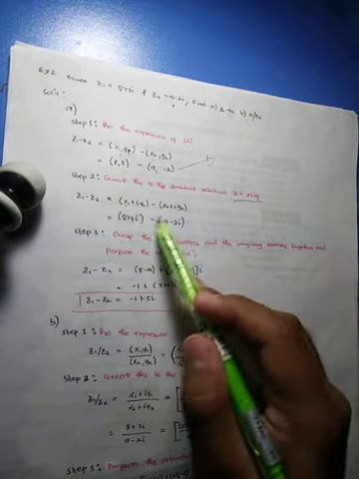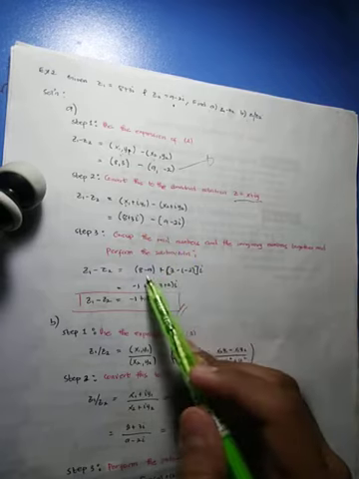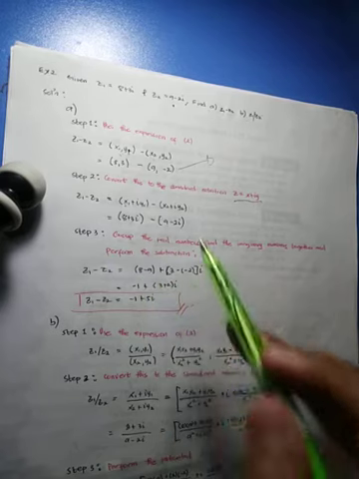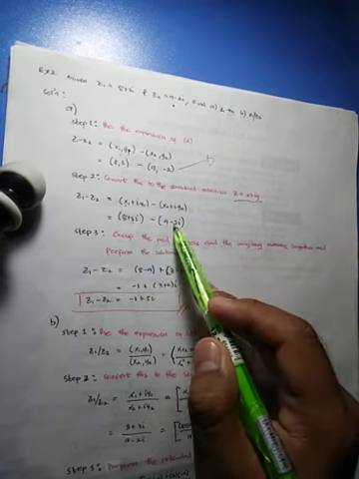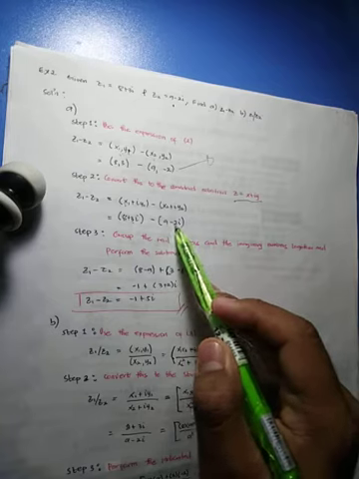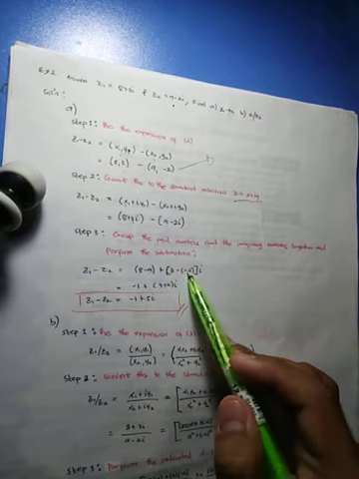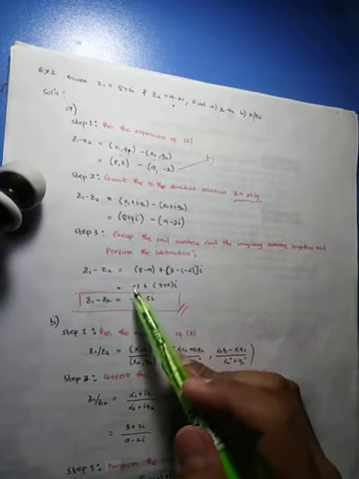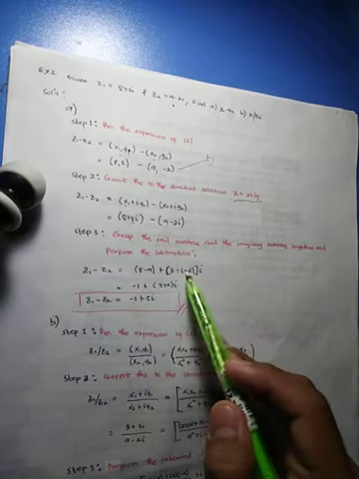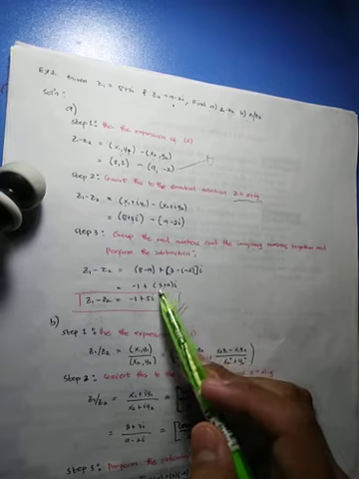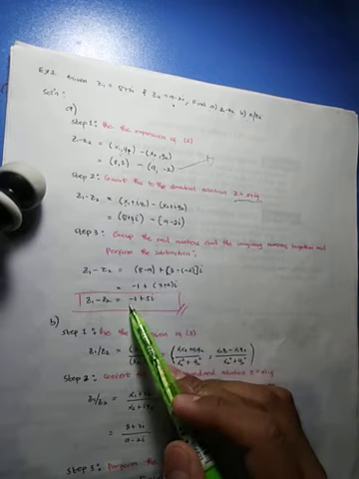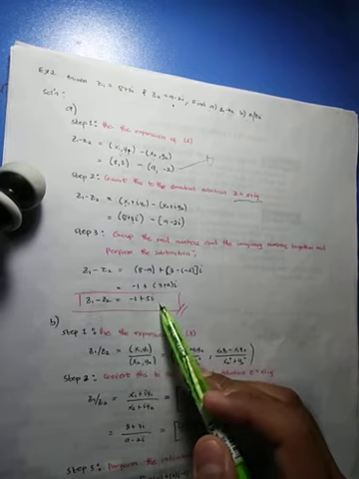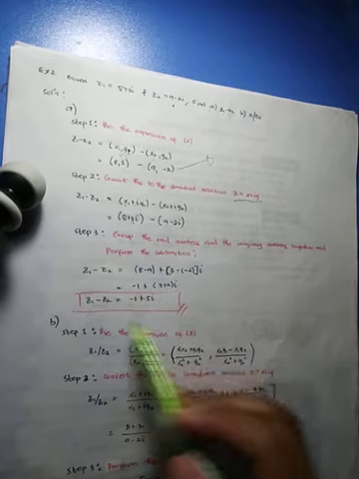So regrouping, we have 8 minus 9. The same for the imaginary part, we have 3 minus negative 2. We call that regrouping. So 8 minus 9 is negative 1, and since negative and negative, it becomes positive, so we have 3 plus 2. The result is negative 1 plus 5i. Therefore this would be the final answer.